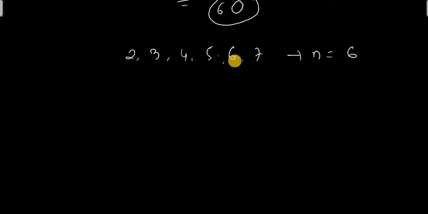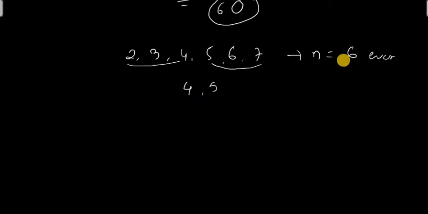So when n is odd, there is one middle number, and when n is even, there will be two middle numbers.